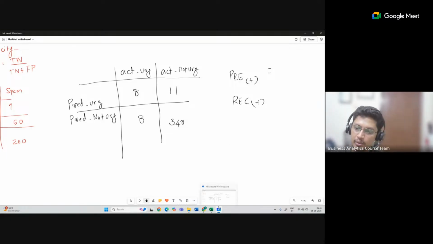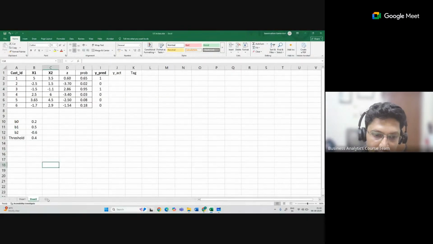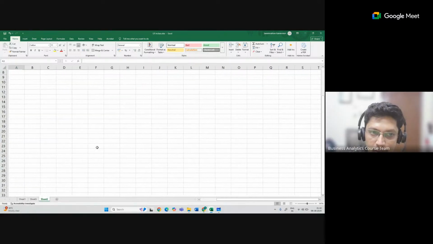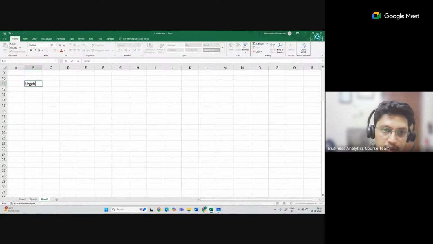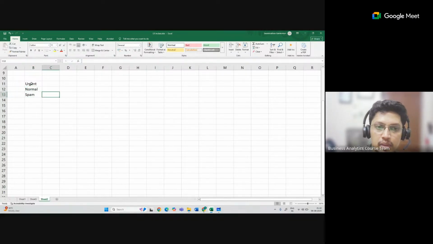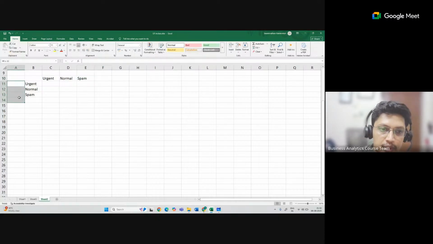Okay. Let's do this in Excel so that it is a little more clear. I know this is not clear. Let me populate this and zoom a bit. We'll calculate for one more class and then continue. So I'm going to call them urgent, normal, spam. Similarly, urgent, normal, spam. These are predictions.